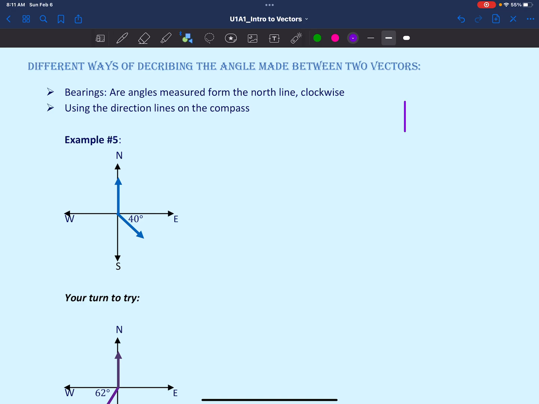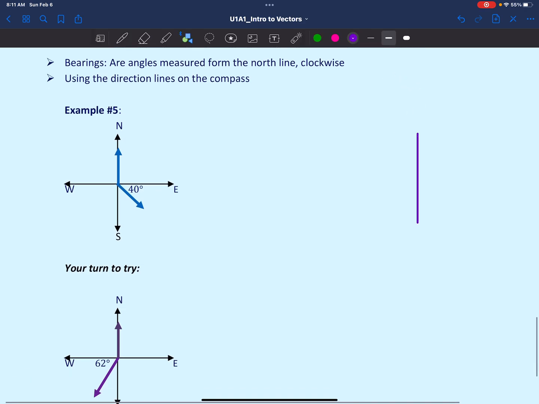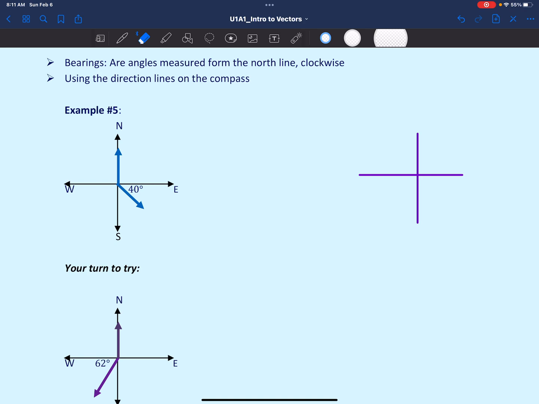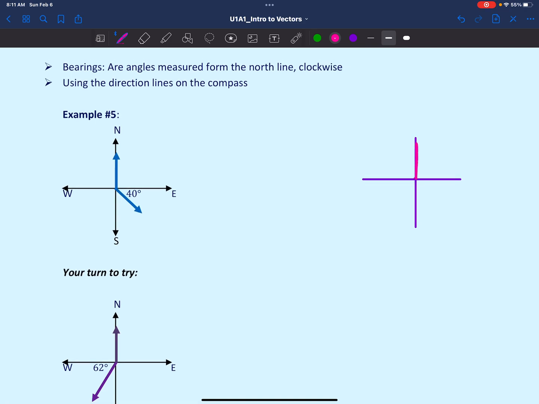This would be the compass represented by these two lines. So we refer to the first one here as the north line.